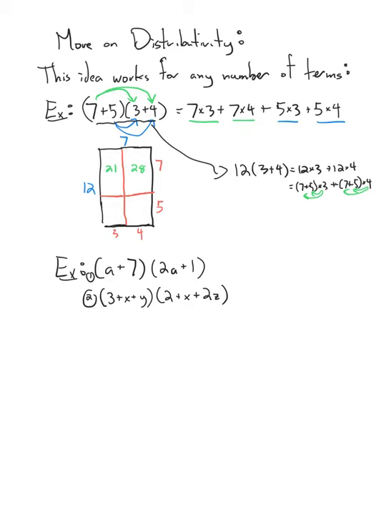A lot of people refer to this as FOIL: first, outside, inside, last. But I don't like that FOIL analogy because it obscures an easy idea that can be applied to however many terms you have in your brackets.